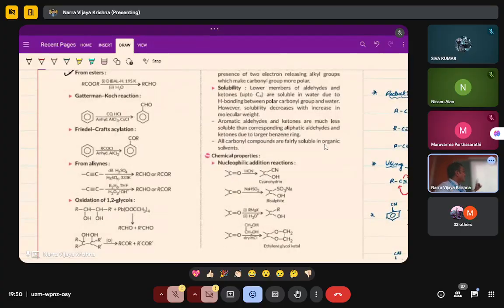Gattermann-Koch aldehyde synthesis. What do we call it? Gattermann-Koch aldehyde synthesis. Benzene is allowed to react with carbon monoxide in presence of HCl, and AlCl3 acts as a catalyst, right? Then this CO acts as electrophile. But actually it exists like this.